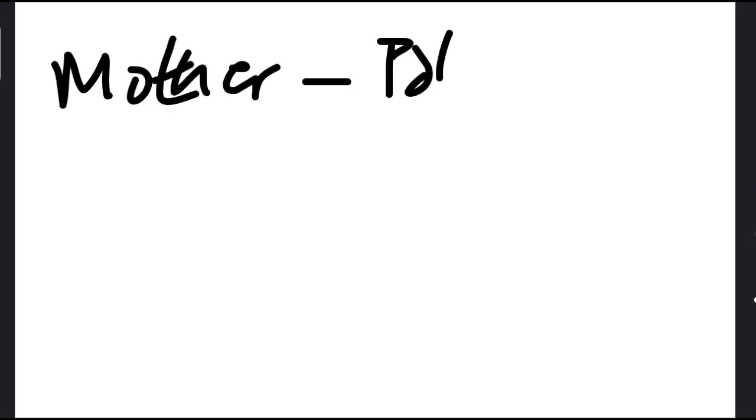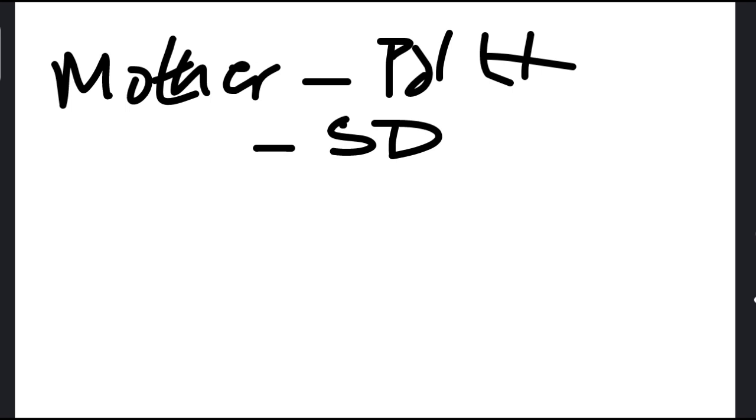So for the mother, we said that there's a risk of having the same polyhydramnios. We said that there was a risk of shoulder dystocia because of the large baby.